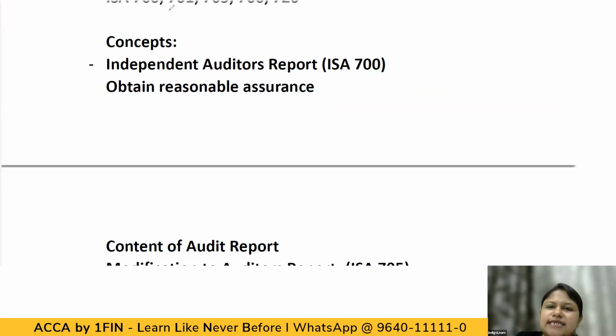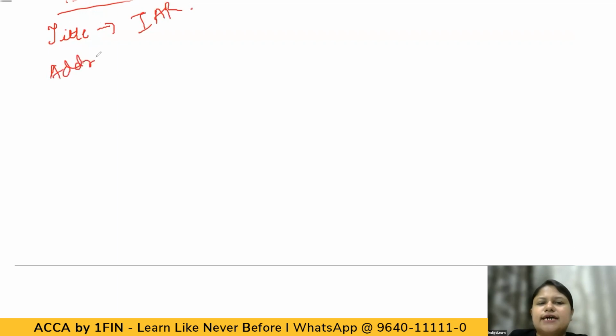So let us understand the content of the auditor's report as per ISA 700. First thing is the title. Title is the name of the report, that is, independent auditor's report. Then you talk about the addressee, to whom you are writing the report. In the case of companies, it will be addressed to the members of the company.